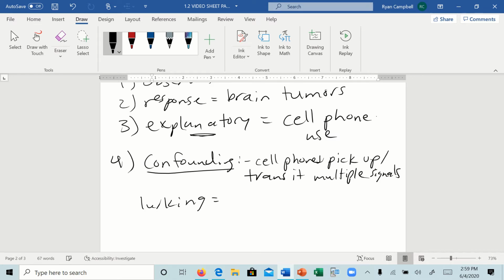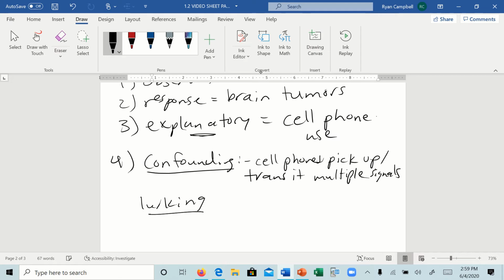So maybe it's actually not just cell phones themselves, but it's some sort of signals that cell phones are getting or transmitting. So maybe like radio waves or UV rays or something like that, microwaves. And that's actually what's causing brain tumors. So that might be a confounding variable.